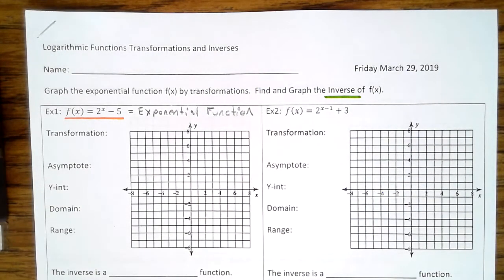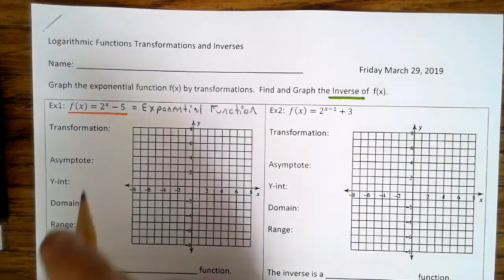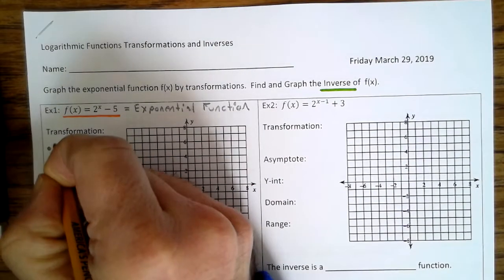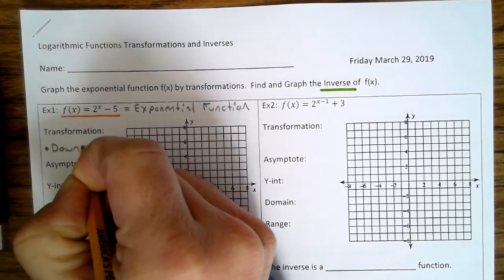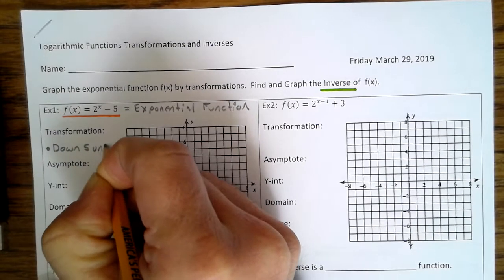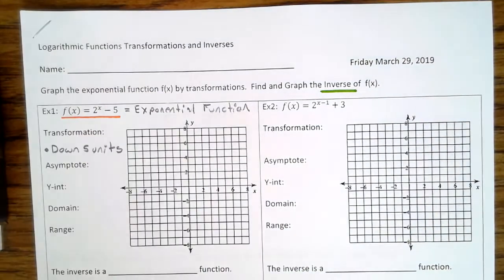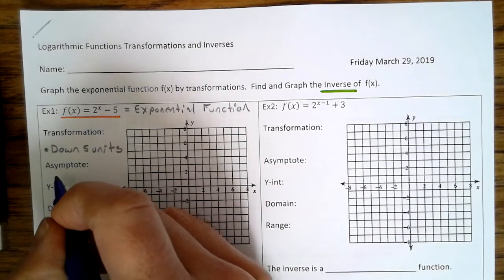All right, so the transformation of the exponential function here is down 5 units. That means the asymptote was at y equals 0, now it's at y equals negative 5.